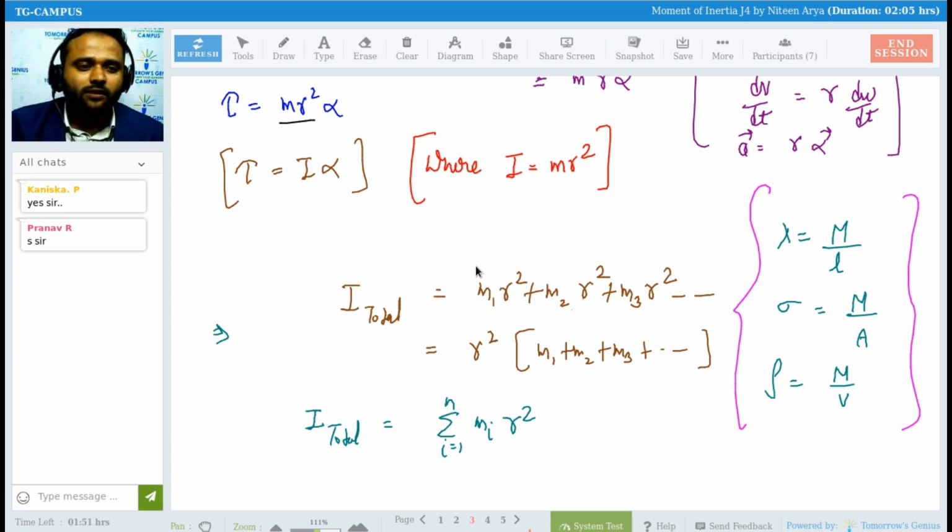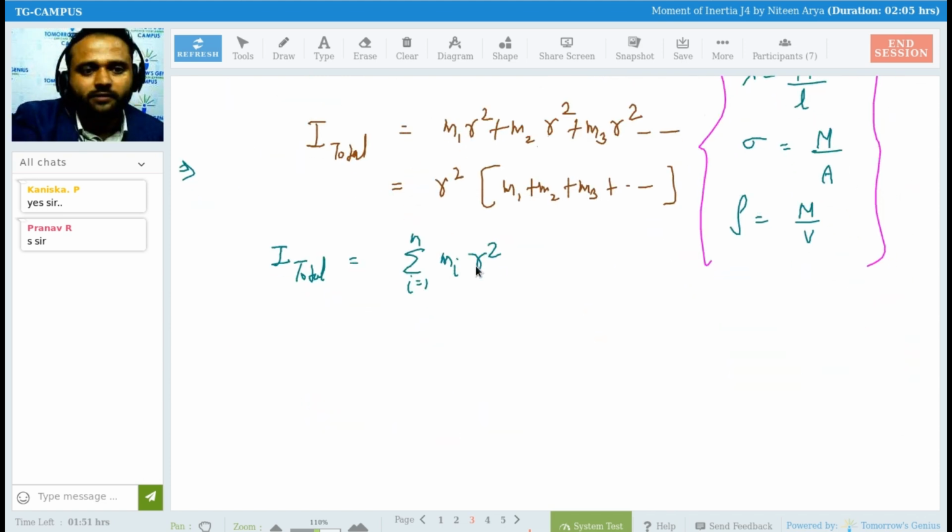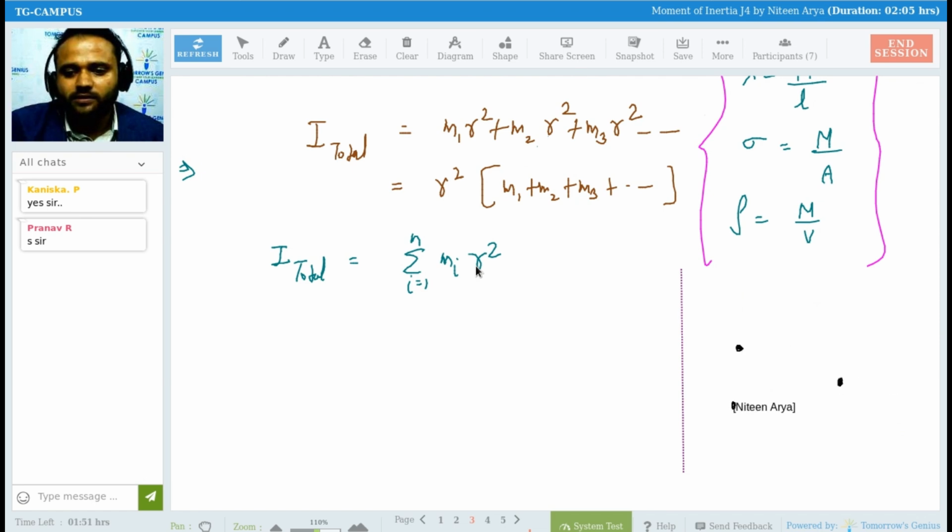But if we have different paths also, what does it mean? Suppose I fix this axis. There is one particle, another particle, a third, a fourth, and a fifth particle. Let's stick to this fifth particle all alone. Let me define the center also. Suppose this is the center of mass.